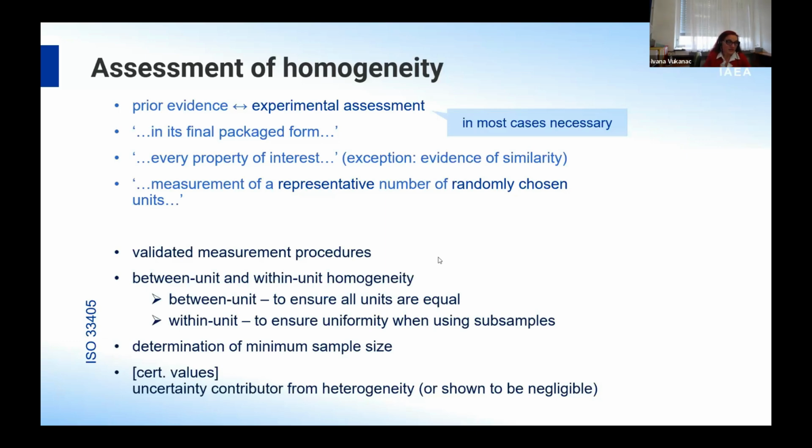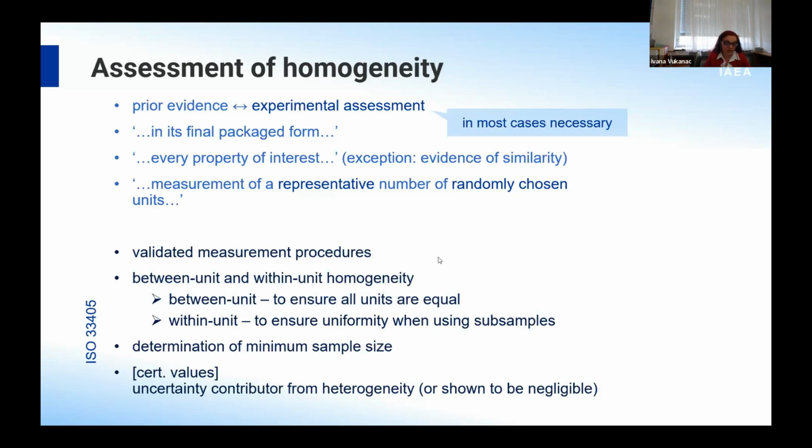This standard says that we need to use validated measurement procedures, and it distinguishes between between-unit and within-unit homogeneity. Between-unit homogeneity is assessed to ensure that all units are equal, and within-unit to ensure uniformity when using samples from one unit.